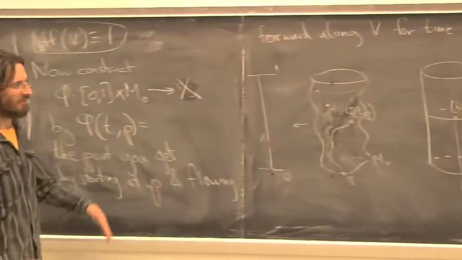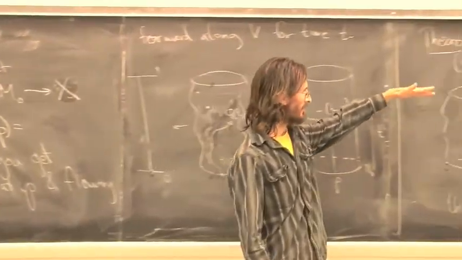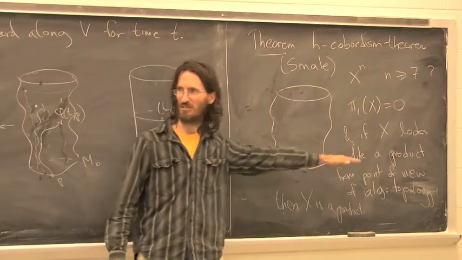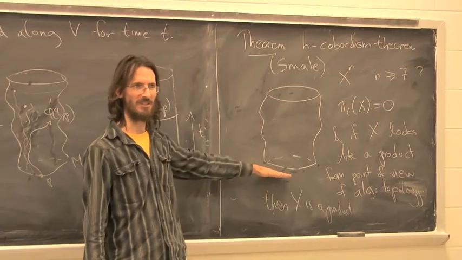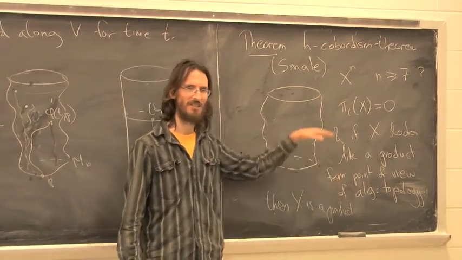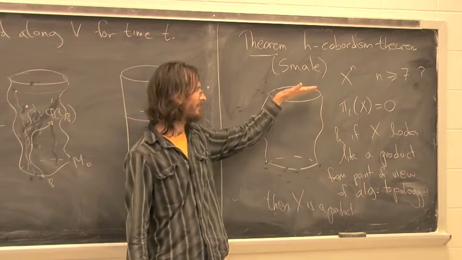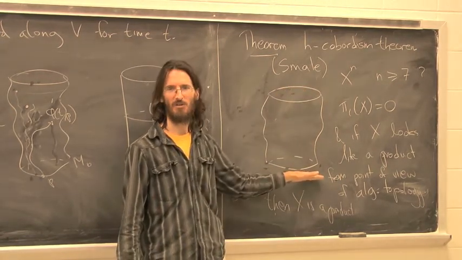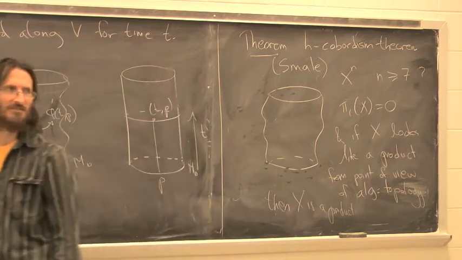So the proof goes about constructing a Morse function on here, using the algebraic topology to eliminate critical points, and saying because of the algebraic topology, you can eventually get a cobordism that has no critical points, and therefore it's a product.